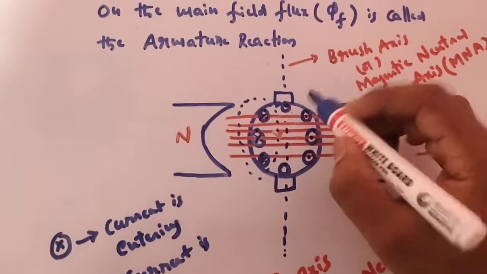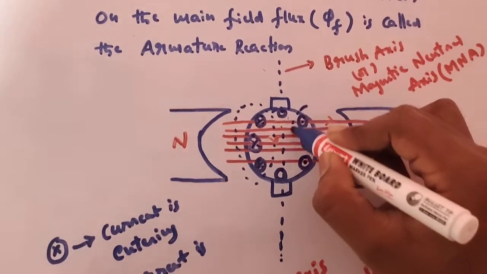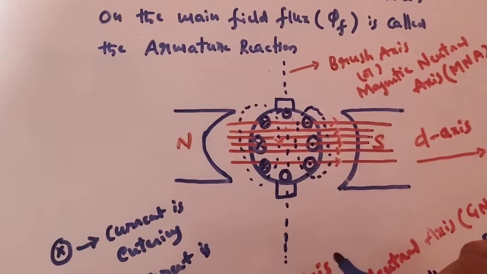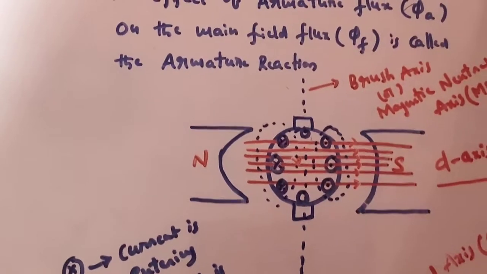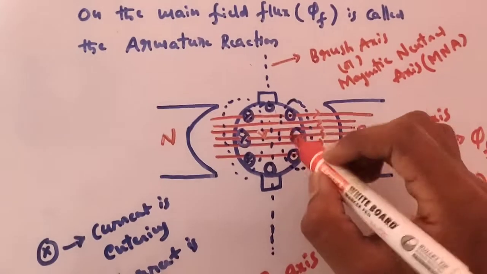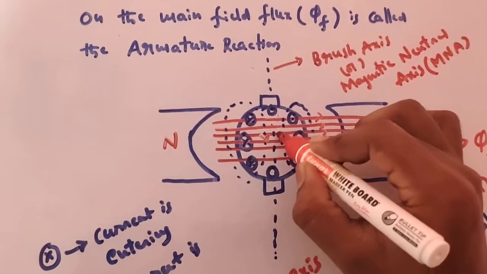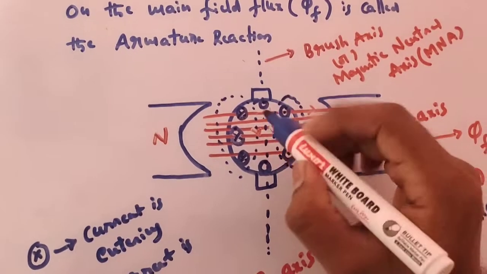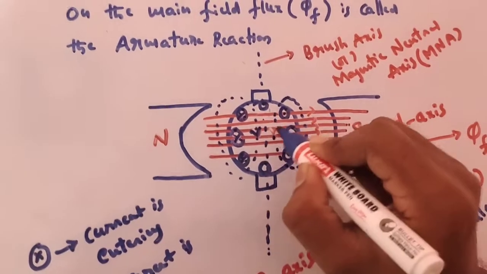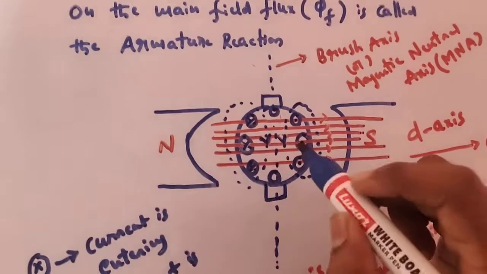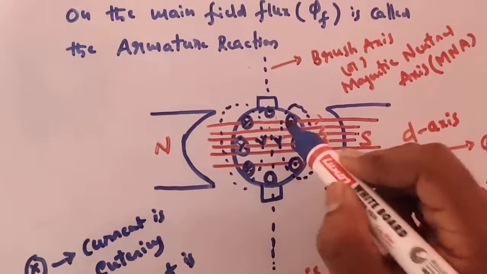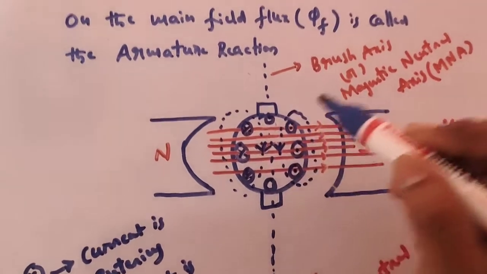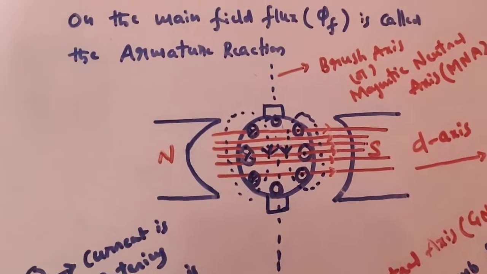Please wait for a while. And the direction of the flux according to the thumb rule is again like this. I would like to show it with the blue ink. So my direction of flux is like this.